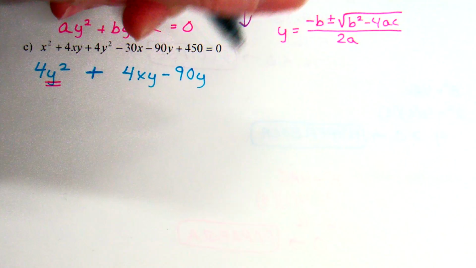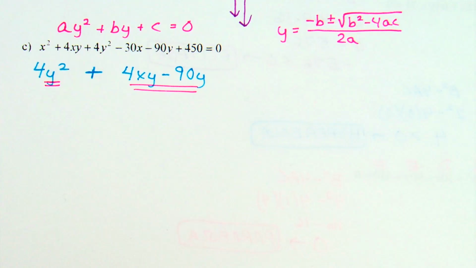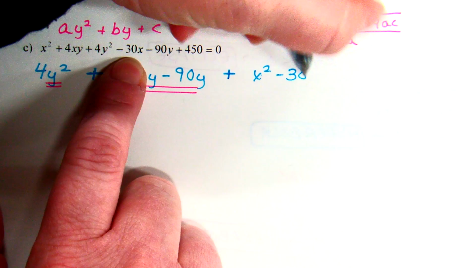If you factor the y out, we're left with 4x minus 90. So B is 4x minus 90, because it's the coefficient of y. And then, what's that mean about C? C is just all your leftovers, or all of your non-y pieces.